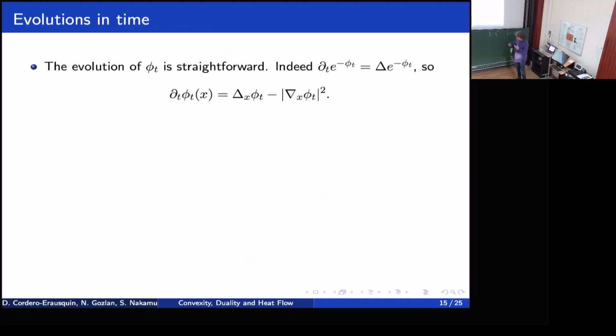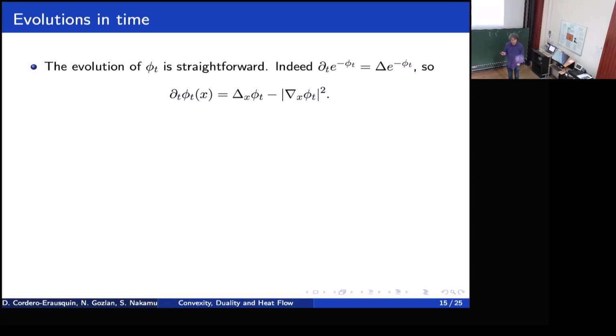Okay, so now we need to compute derivatives. So the evolution of phi_t, this is very standard. I'm sure you already did this computation several times. Again, I think I did it more than 100 times. So if you look at phi_t, the evolution is Laplacian phi minus grad phi squared.